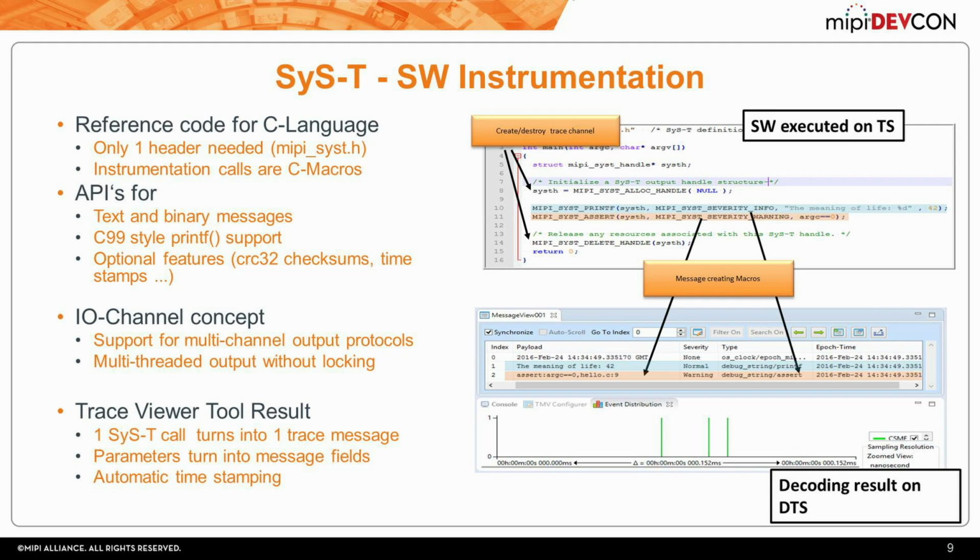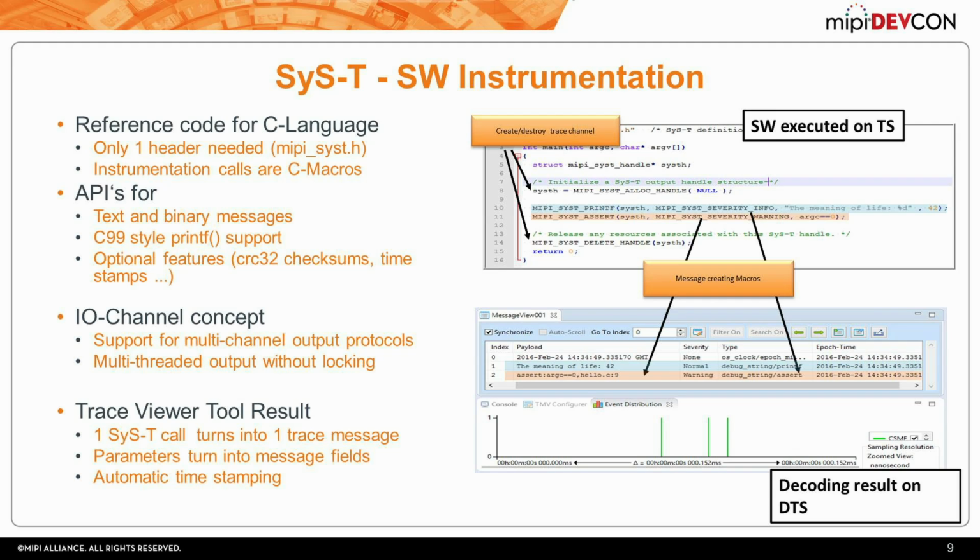So the developer will inject additional calls into the functional software, and this will result in trace messages that are being sent out from the IP block when this software executes. And on the lower picture, we see a trace view receiving these messages, and in essence, one instrumentation call correlates with one message that is received by the development tooling.